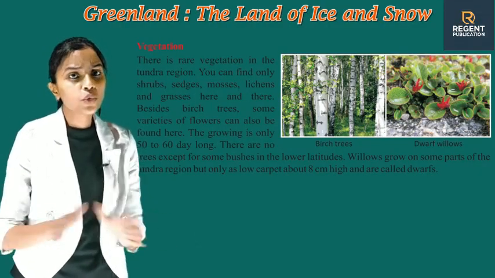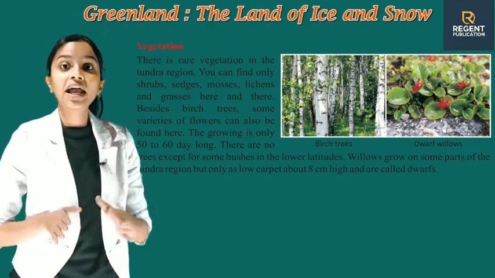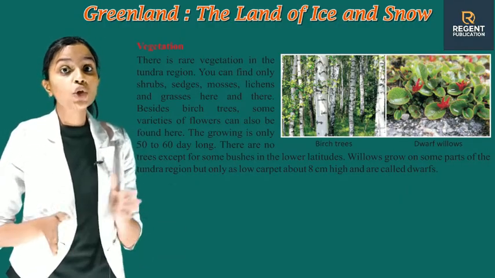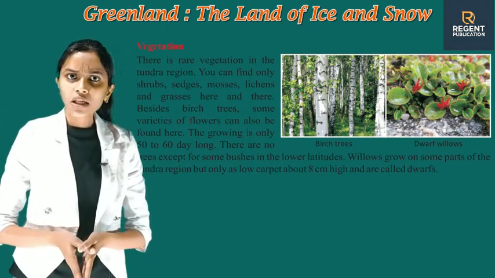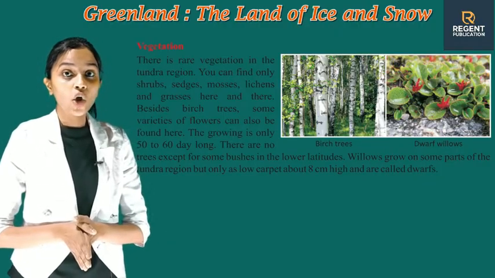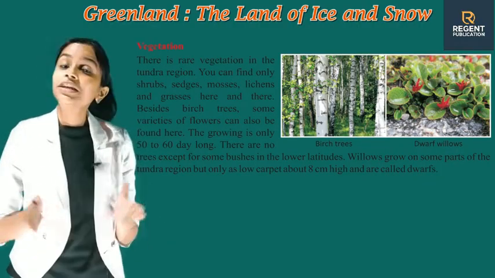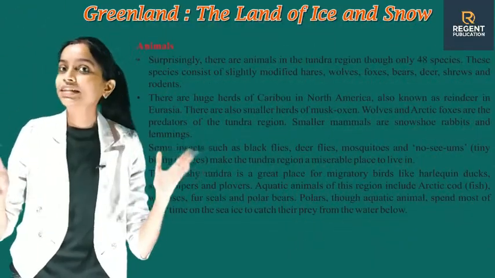There are no trees except for some bushes in the lower latitudes. Willows grow on some parts of the tundra region, but only as a low carpet about 8 cm high and are called dwarfs.